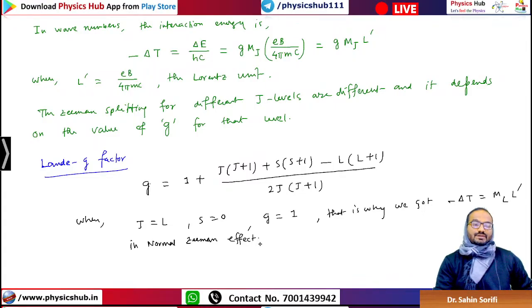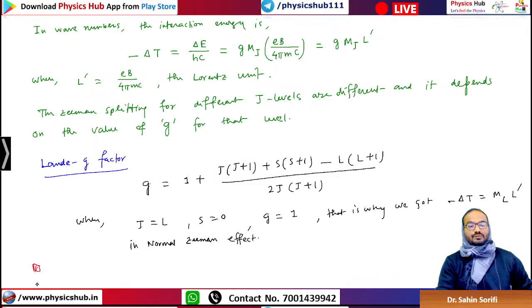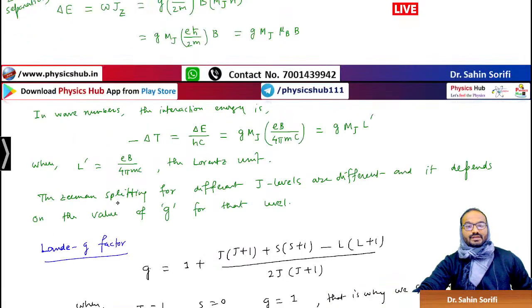Now sometimes in your examination things may be given in terms of mu B, so you should also remember that formula.